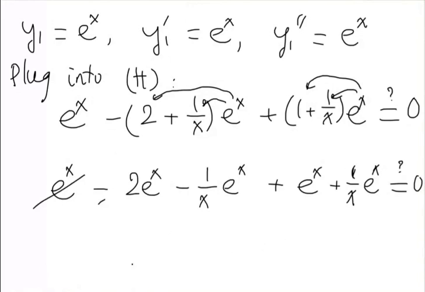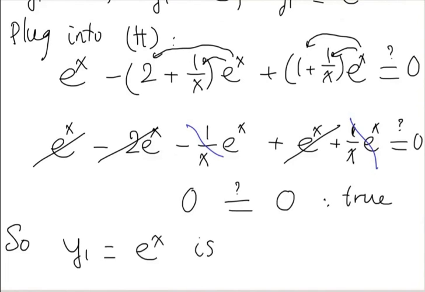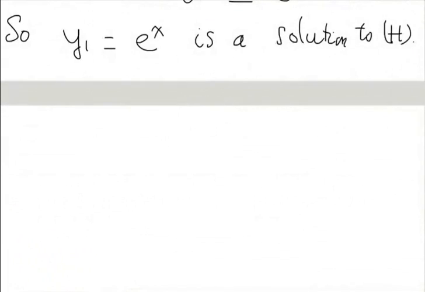So it seems that everything cancels out. So we have 0 equals 0, which is a true identity. So the conclusion is that y1 equals e to the x is a solution to the homogeneous equation. Now the next step is to find the general solution to the non-homogeneous equation by using reduction of order.